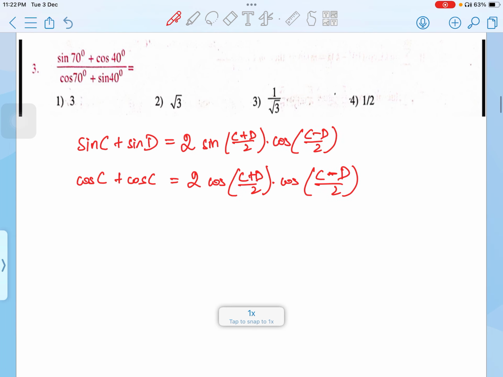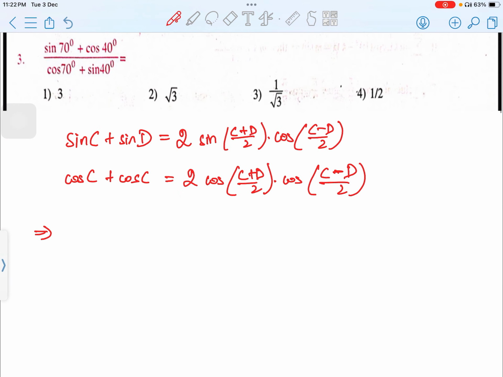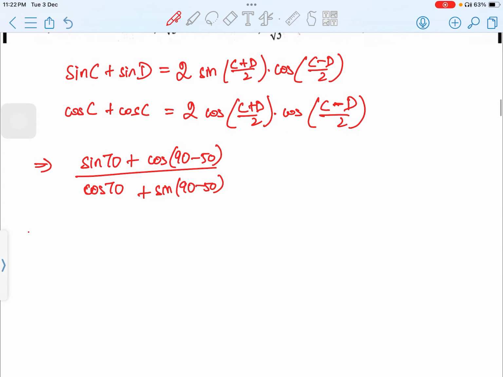So what is your first step in the numerator? First you will convert: sin 70 plus cos 40, you write like 90 minus 50, divided by cos 70 plus sine of 90 minus 50. So by complementary angles, you can write sine 70 plus sine 50 divided by cos 70 plus cos 50.